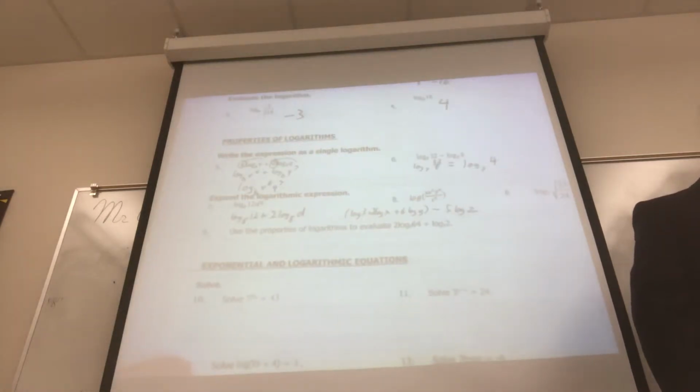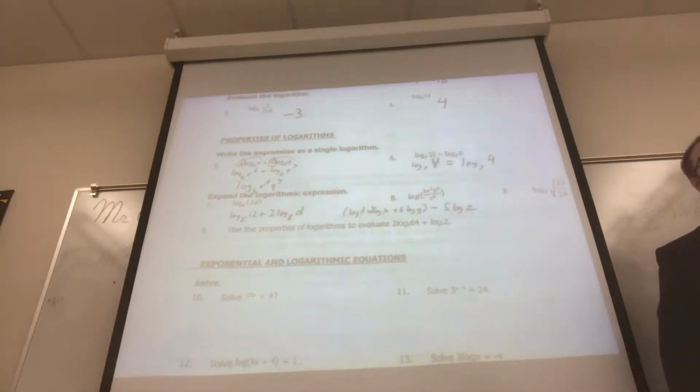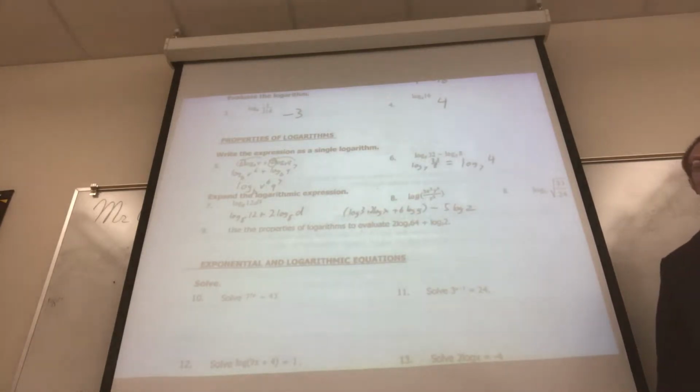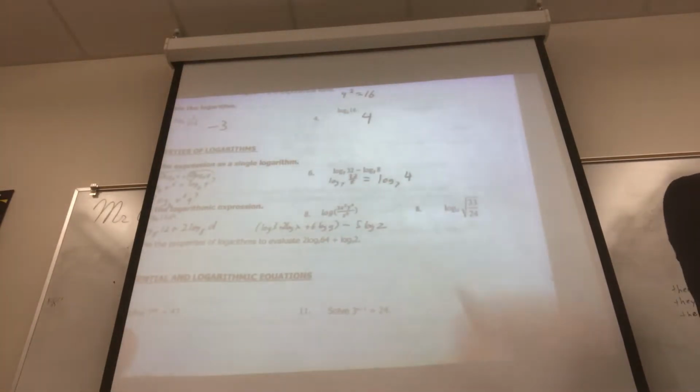On number 8, this one was on the quiz. When you have the square root, you can't just treat it as a square root. You have to make it into an exponent. So when we were working on square roots and exponents, the exponent that's the same thing as a square root is 1/2. So on number 8, I'm going to do this one in 2 steps.